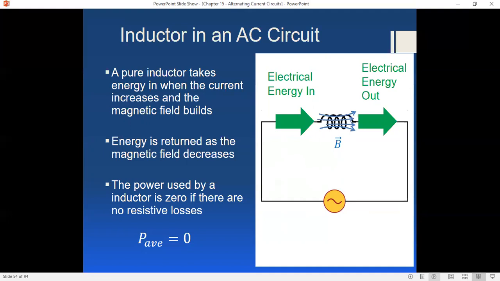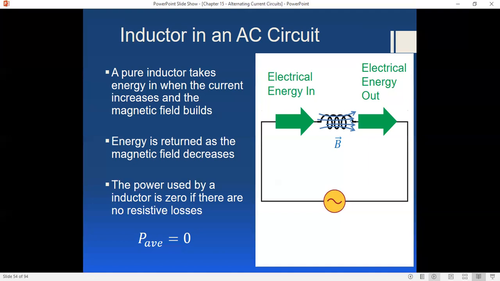I can do this in the form of broadcasting electromagnetic waves. So we'd have to completely contain the magnetic field to prevent it from broadcasting, but that's a totally separate thing. We're going to just treat the inductor like, okay, converts electrical energy into a magnetic field energy, and then that magnetic field energy gets dumped back onto the system.